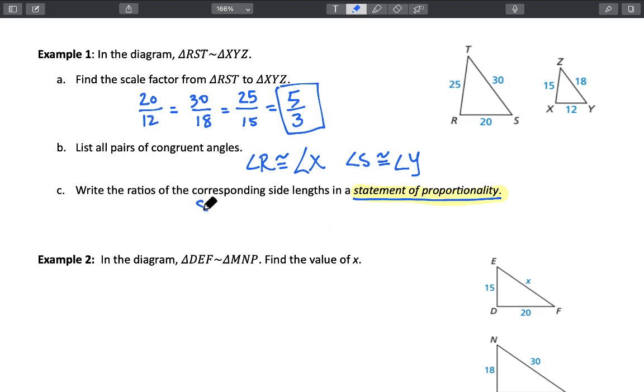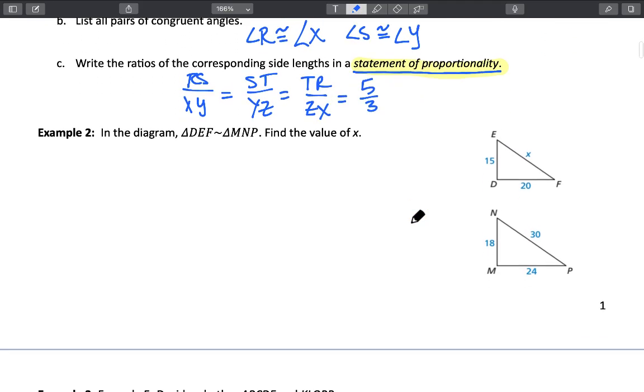So we're going to say RS over XY is equal to, it's not 3 letters, it's just 2 letters, RS over XY is going to be proportional to ST over YZ, and then finally TR is proportional to ZX. And these all came out to, remember, reduce to 5/3. All right, and this is our statement of proportionality.